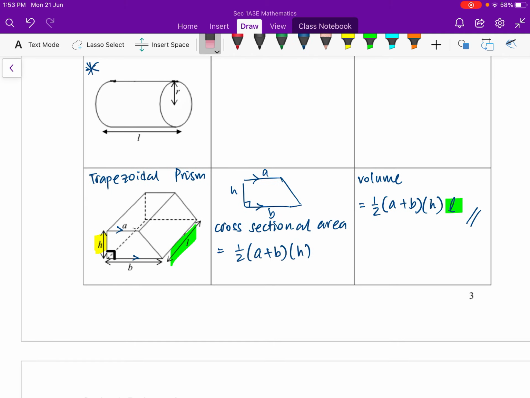You should remove the brackets for H. So half, A plus B. Let's rewrite it in a neater way. You can put it as half HL (A plus B).